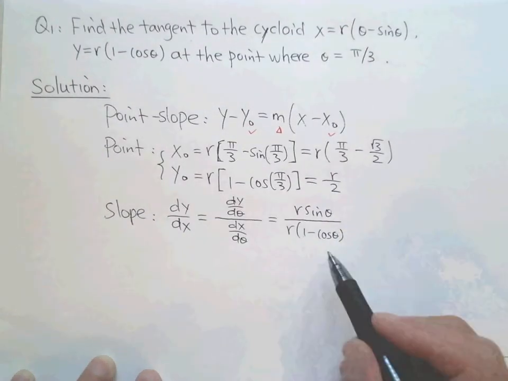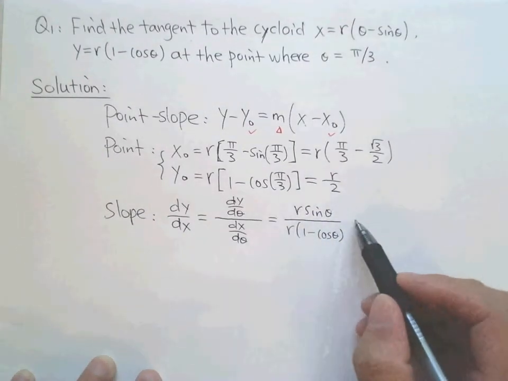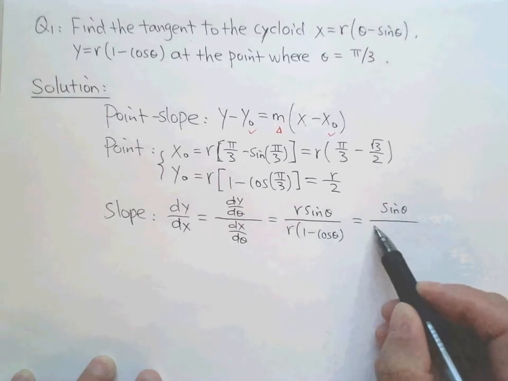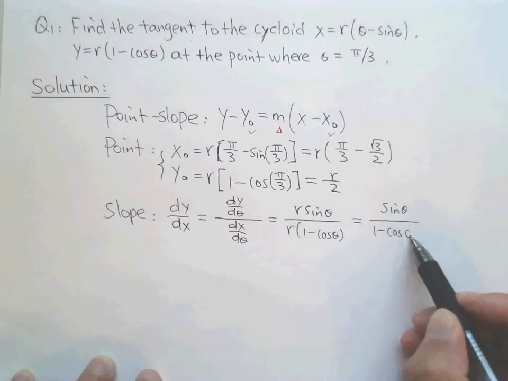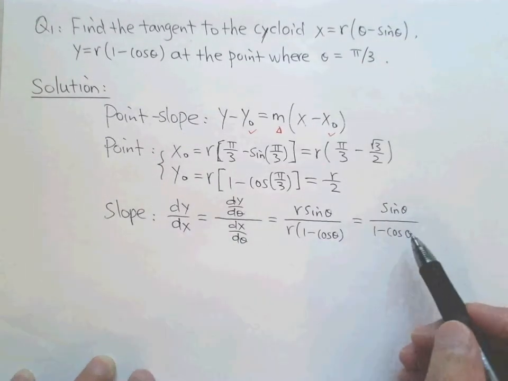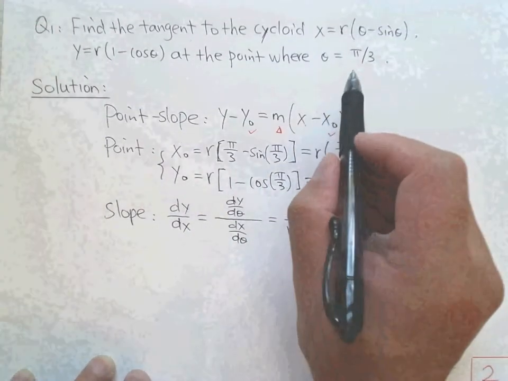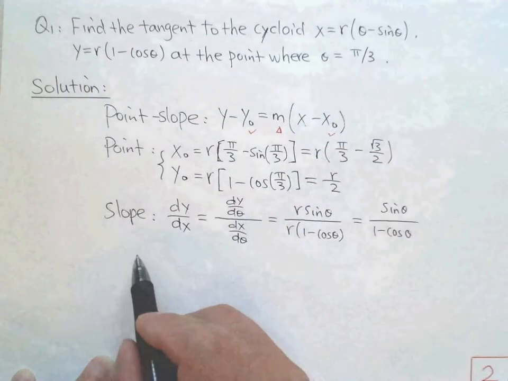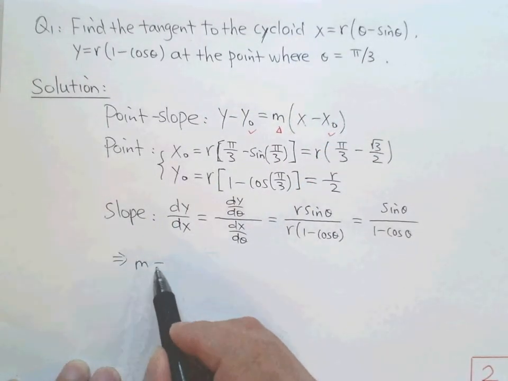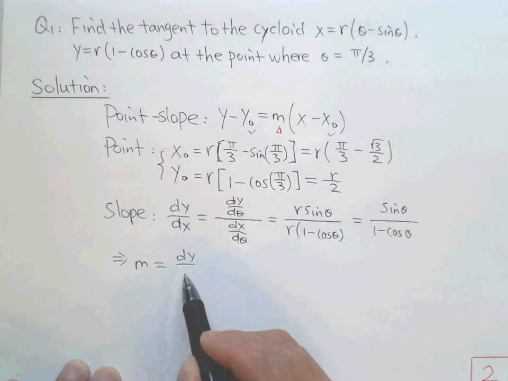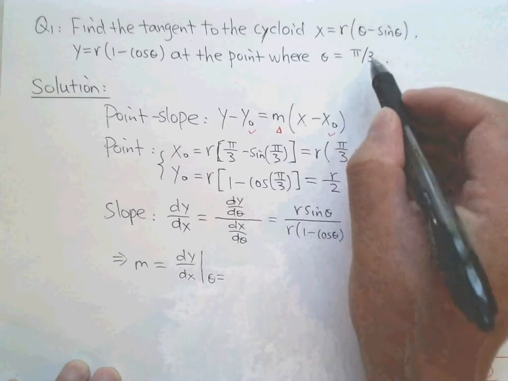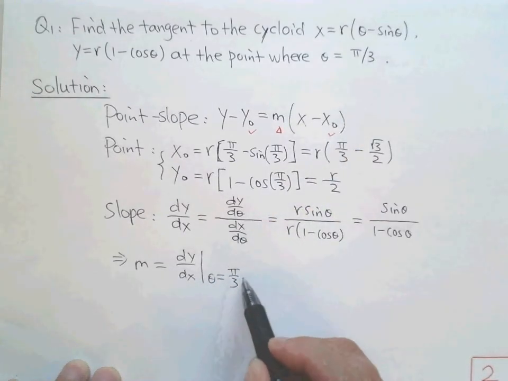We can simplify a little by canceling the r, and we get dy/dx equals sine theta over 1 minus cosine theta. This is the general derivative function, but we need the derivative at this point, which means we need m. m is dy/dx at theta equals pi over 3.